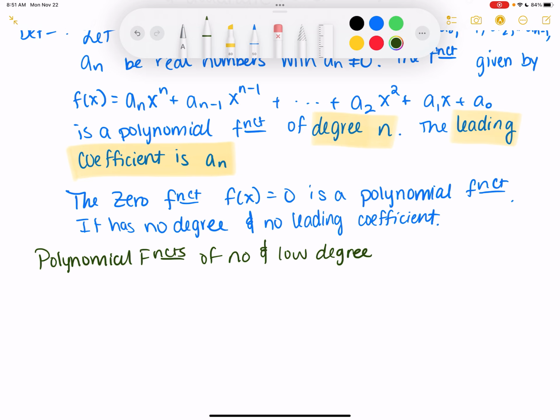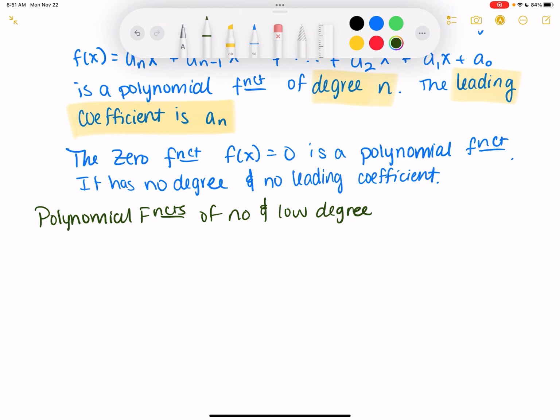So we're going to need a table with 3 columns and 5 rows. Can we back up just a little bit?